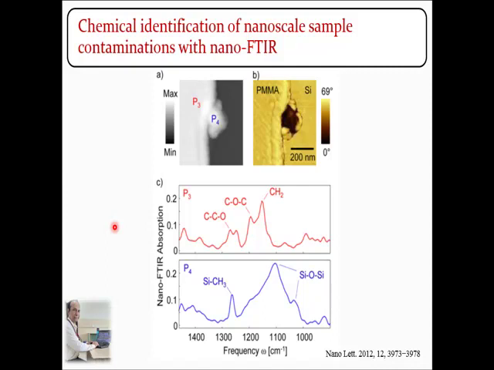This is a demonstration about the identification of the sample that shows the topography image of scratched PMMA, that is polymethyl methacrylate film on silicon substrate, revealing a particle-like feature at a PMMA edge, which is mechanical AFM phase image that exhibits the strong phase contrast of about 70 degrees.